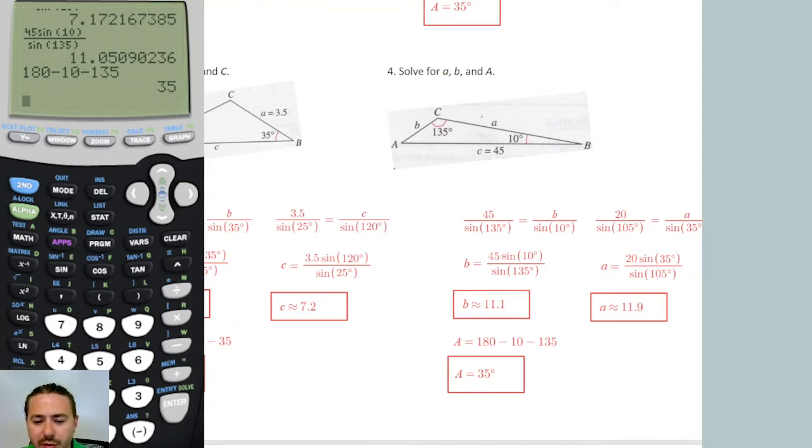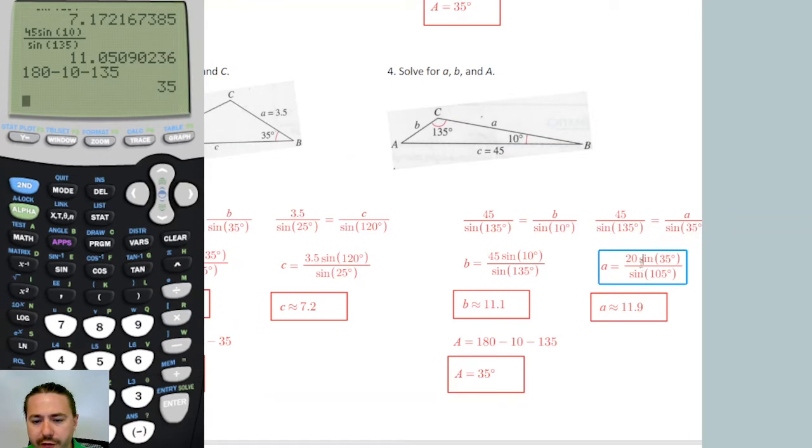So let's go ahead and now we can start trying to solve for that last missing side, which is side A. Let's go ahead and change this back to the C's. 45 over the sine of 135 equals, what do we still need here? Side A over the sine of angle A, which we just found to be 35 degrees.